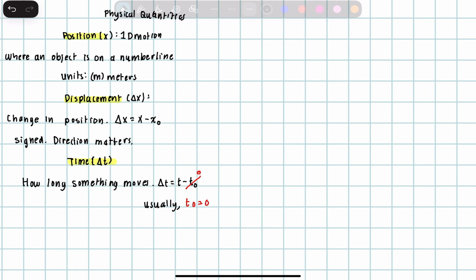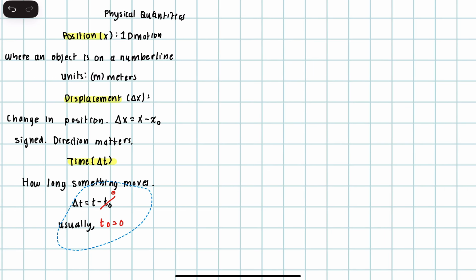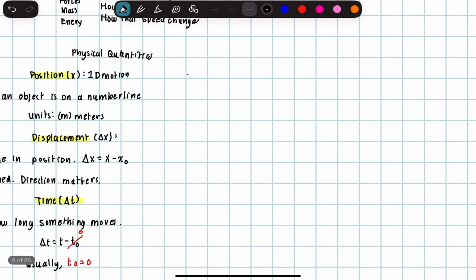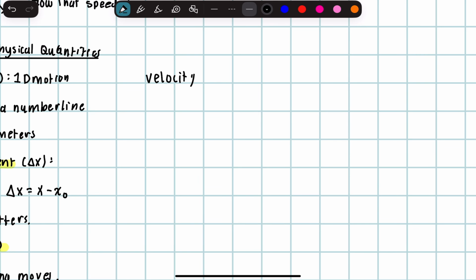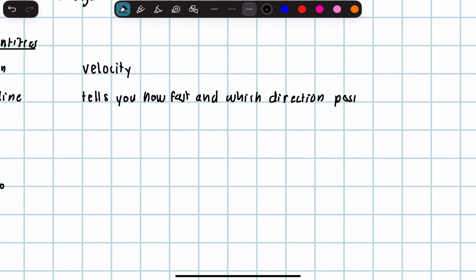Now, from here, we can discuss velocity. So velocity tells you how fast and which direction position changes.